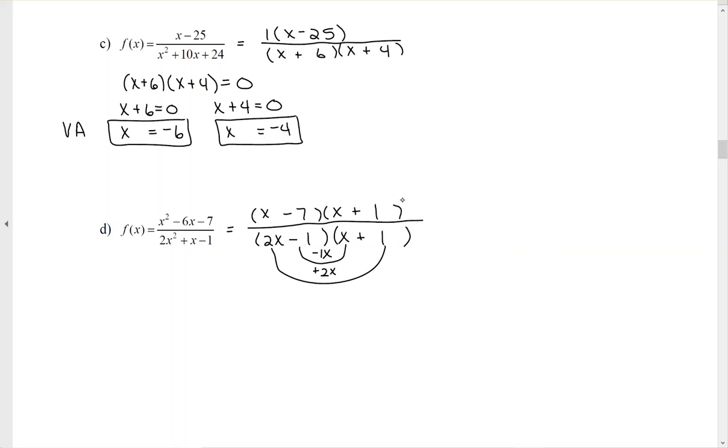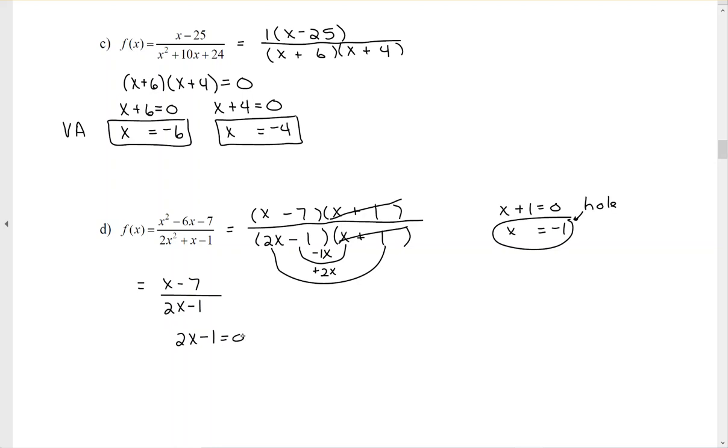Now from here, we do have a factor that cancels. So off to the side here, at x plus 1 equals 0, I'm going to have a hole. Solve for x, and that's where your hole is. It's not your vertical asymptote, but where your hole is. So I come down here with my reduced fraction, and now I find the vertical asymptote by setting the denominator equal to 0, solve for x.